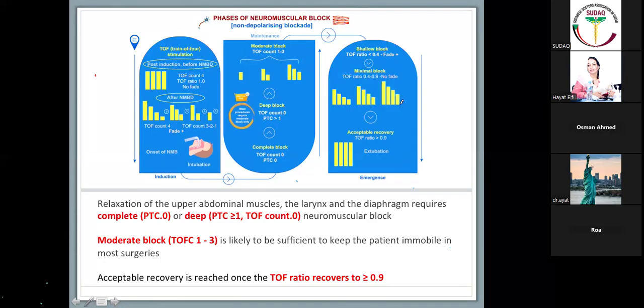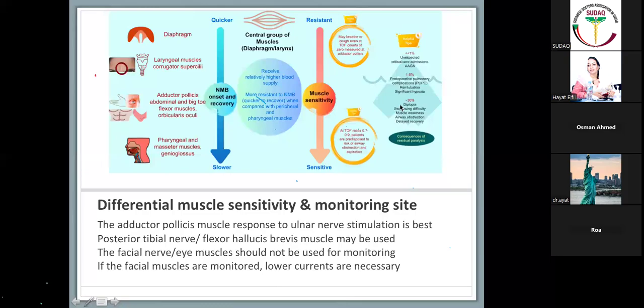Having said that, the muscles behave differently in terms of their response to muscle relaxant, what we call differential muscle sensitivity and monitoring.